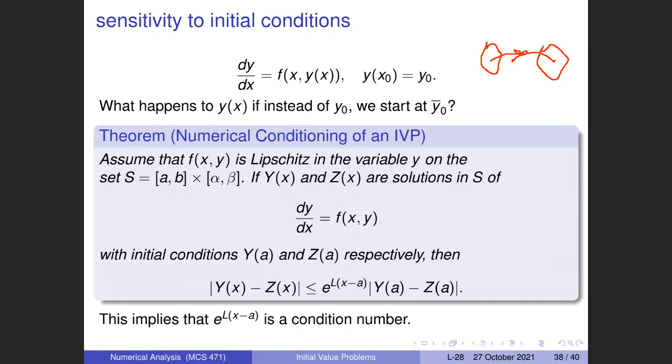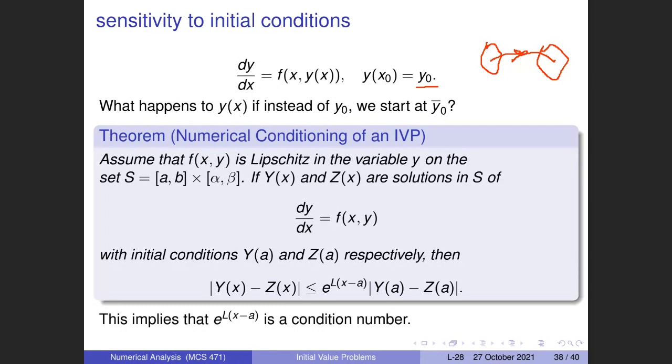We can look at our initial value problem as input. The input is actually the y naught. How sensitive is the solution to changes in the y naught? And here you see we actually need Lipschitz continuity, because the condition involves the Lipschitz constant.